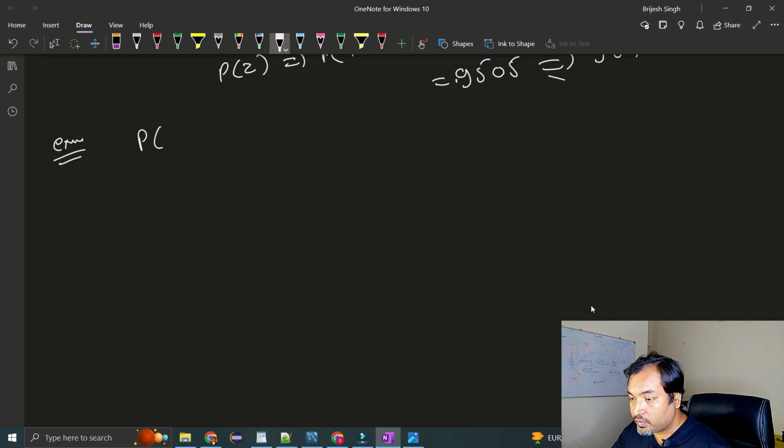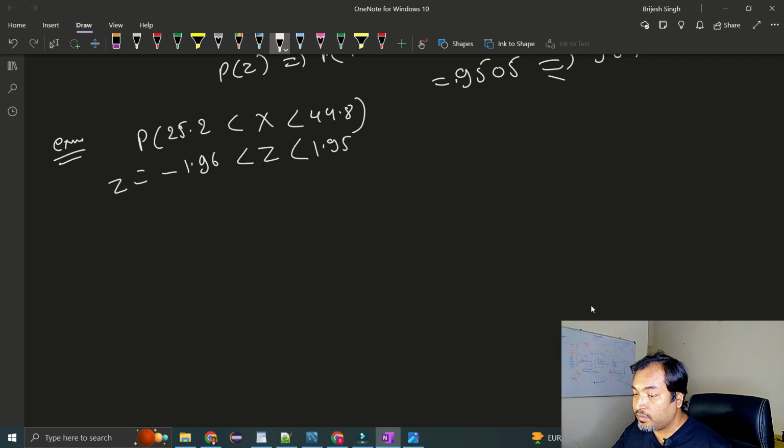Similarly, if I say to you, probability of 25.2 less than x less than 44.8, right? If you see, the standard deviation is 5, it will come minus 1.96 for the Z score, and the other is 1.96.